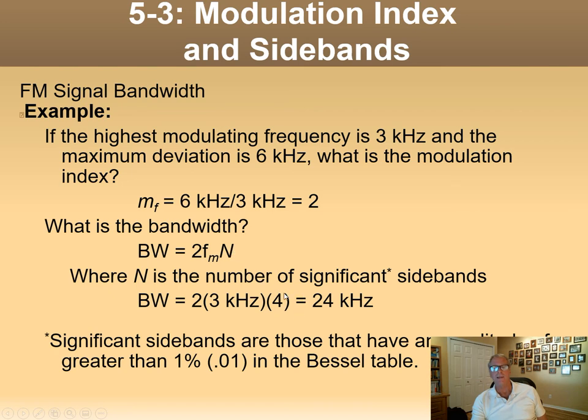So the number of significant sidebands is 4. Where do we get that? We got that from the Bessel table. It shows that there are 4 significant sidebands when you have that modulation index of 2. So significant sidebands are those that have an amplitude greater than 1% in the Bessel table.